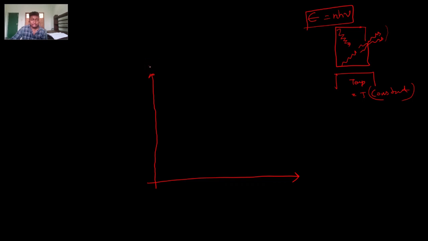Now here is the energy. I'm taking E lambda on the y-axis, and this is the wavelength. This is the graph we obtained at the constant temperature of the black body, and the area under this graph was the energy density.